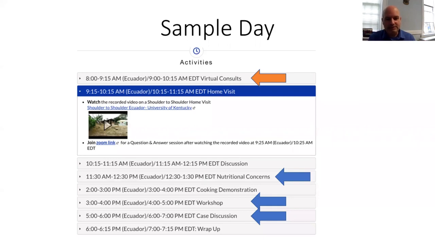This sample schedule shows discussions, including the consult and a workshop around nutrition with perspectives from a nutritionist, a physician, a nurse, and a pharmacist. If you'll notice, participants of the virtual brigade watched a home visit on this day at 9:15 a.m. The wrap up at 6 p.m. involved the highlighted profession for that day, holding an interprofessional discussion about what participants learned that day about that specific profession.